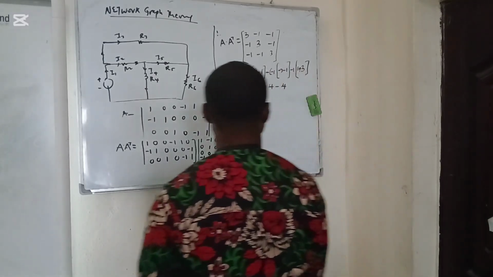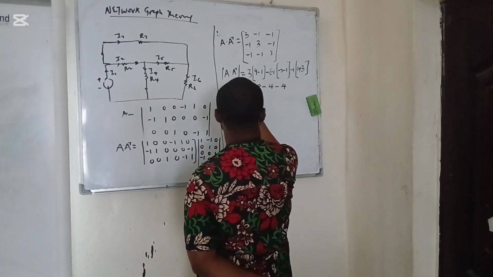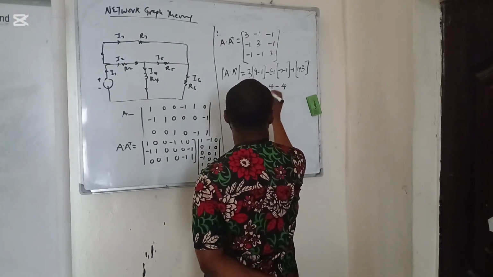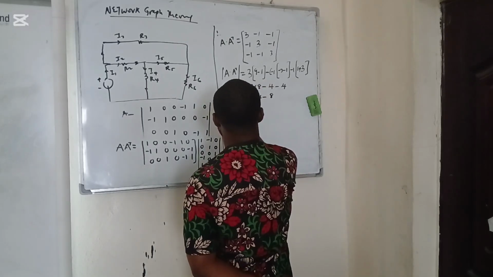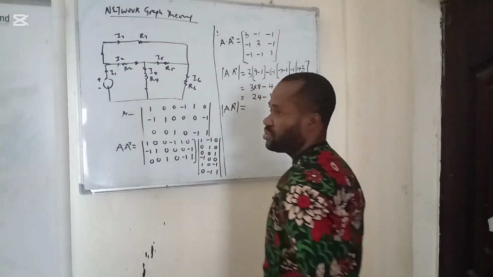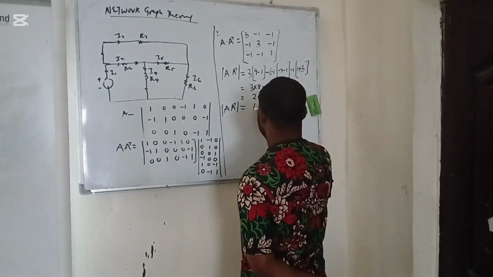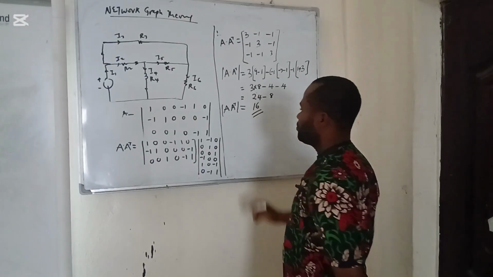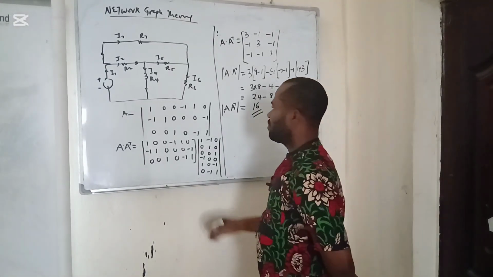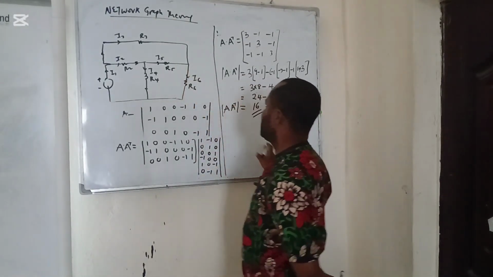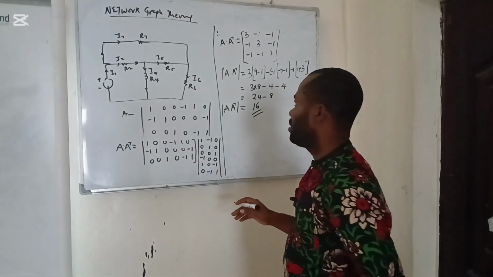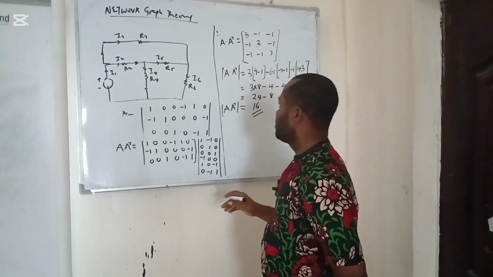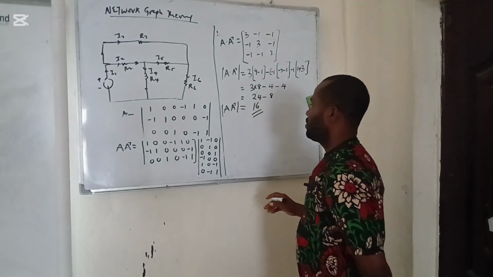So 3 times 8 is 24. 24 minus 8. So the determinant, which is the means of finding the number of trees, is actually 16. So the number of trees that is possible from the graph of this circuit is actually 15.